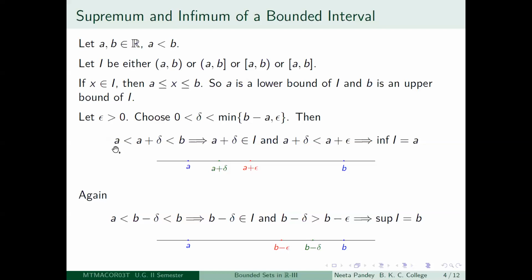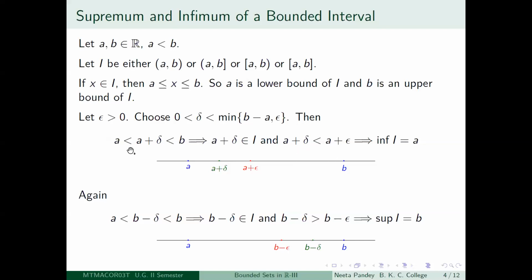Then what happens is that a is less than a plus delta because delta is positive, and since delta is less than b minus a, a plus delta is less than b. Therefore, a plus delta belongs to I, and also a plus delta will be less than a plus epsilon because delta is less than epsilon. So therefore, what have you got?